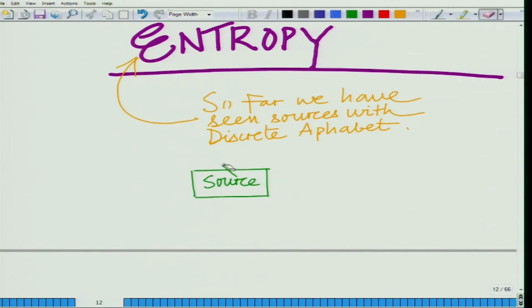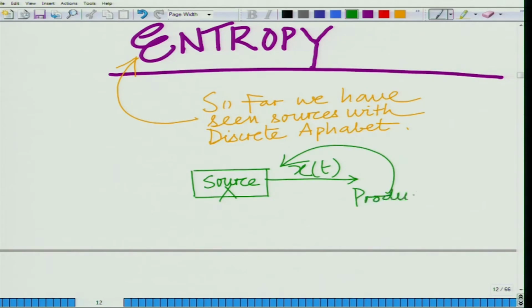This source x produces a continuous signal, which can take continuous values, that is, values from a continuum.